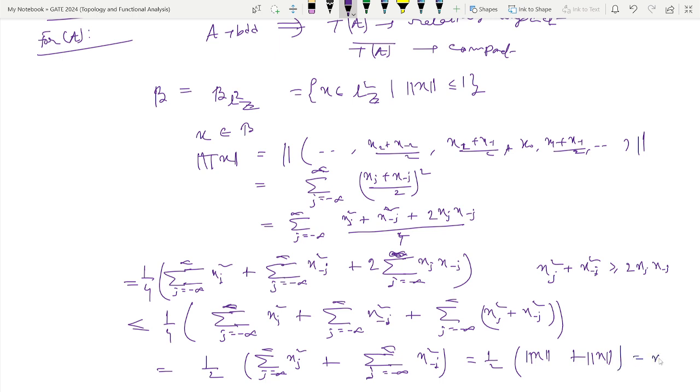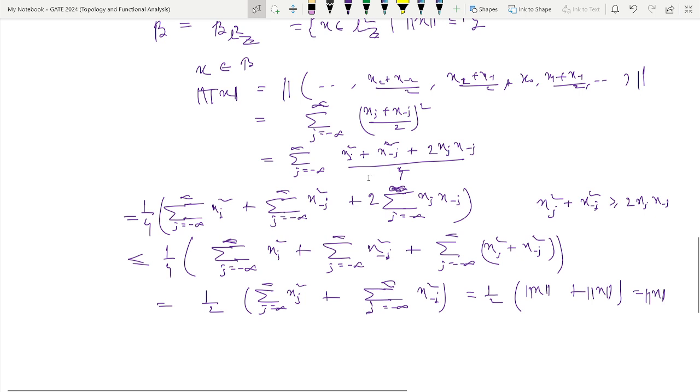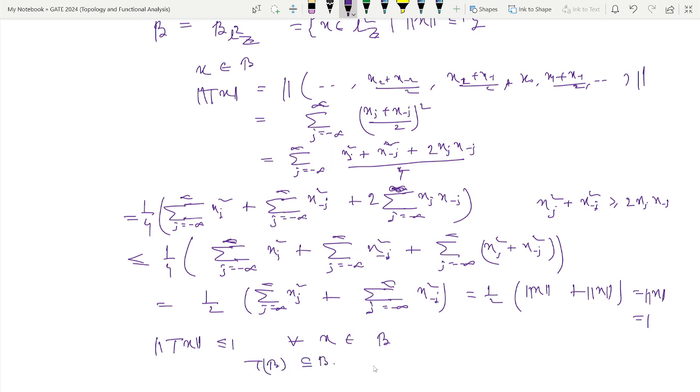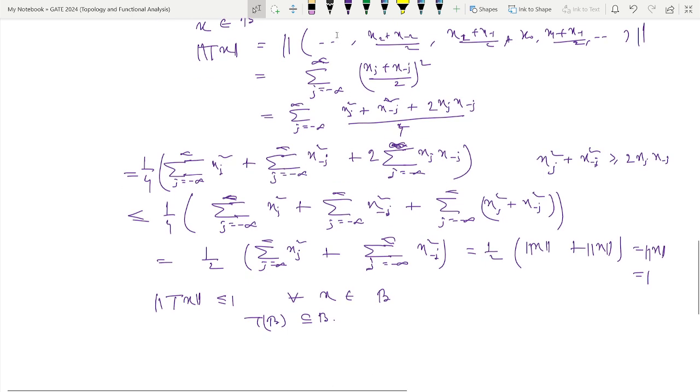So this is equal to norm x. And norm x is at most 1, so we get that norm Tx is less than or equal to 1 for all x belonging to this B. That means TB is definitely a subset of B.